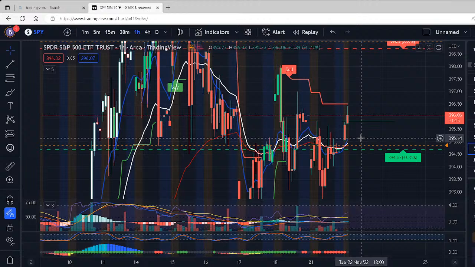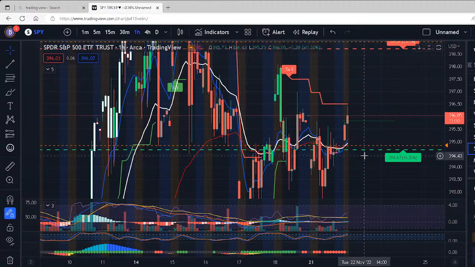The second price target is going to be right here at 394.67, which is my support on my custom indicators, and the third price target will be 393.90. So those are the call and put price targets for SPY. Keep an eye on that.